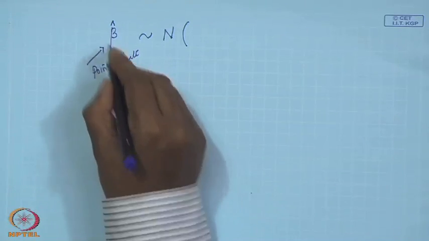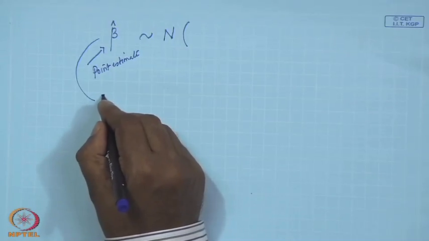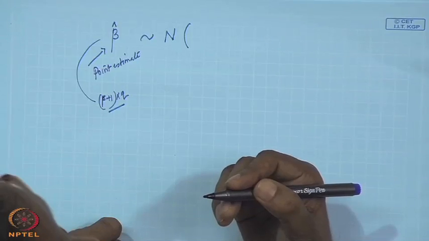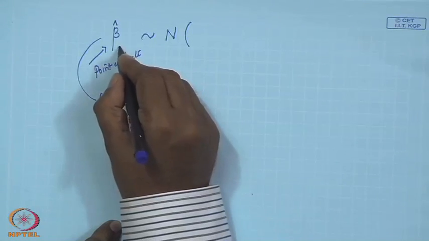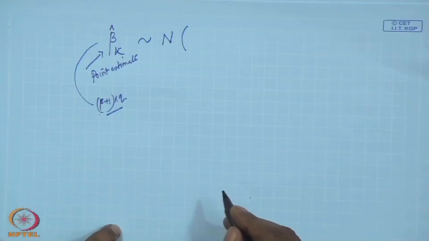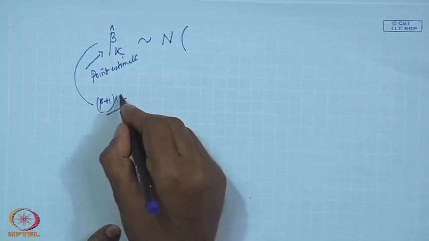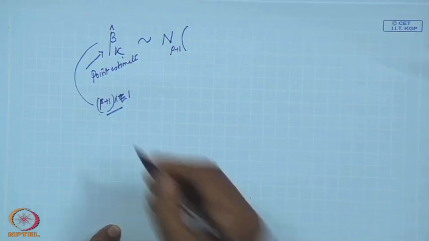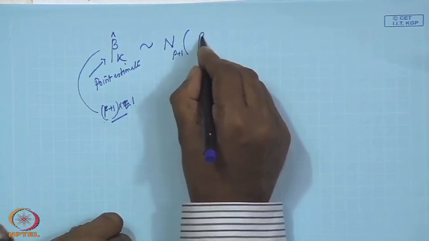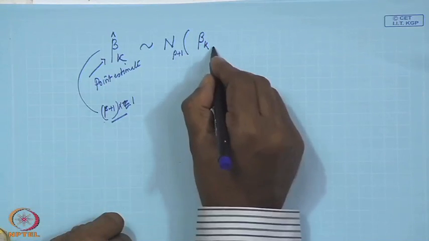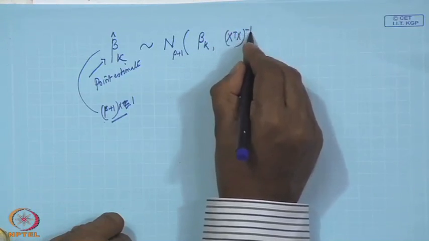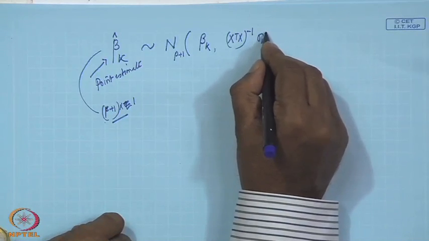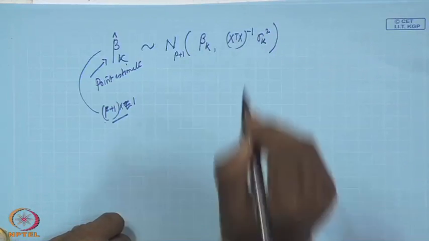Beta-hat is N cross (p plus 1) cross q, the multivariate case. Now I am writing here beta_k, then we are going back to this MLR case. So that means this will be 1, then this will become p plus 1. Now, p plus 1, then this beta_k, with (X transpose X) inverse sigma_k squared.